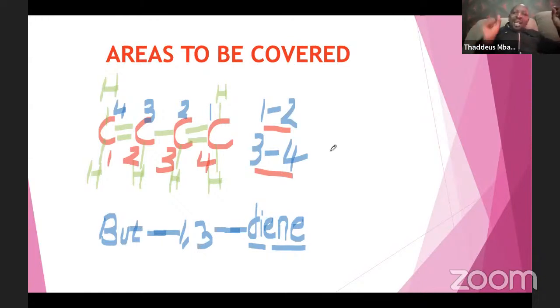Then the word diene must be preceded by the numbers designating the location of the double bonds. The first double bond occurs between the first and second, so you put 1. The other one occurs between the third and fourth, so you put 3.